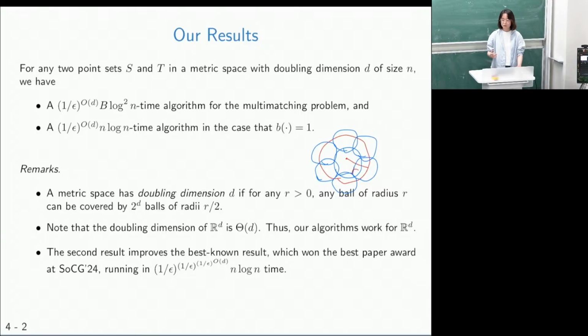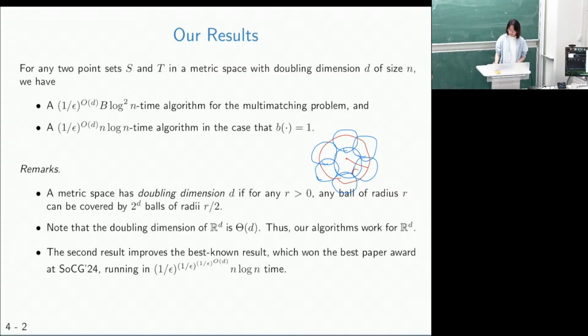If this property holds, we say that the doubling dimension of this metric space is D. So the doubling dimension of the D-dimensional Euclidean space is order of D. So both our algorithms work for a D-dimensional space as well.